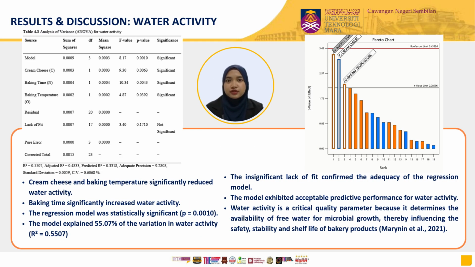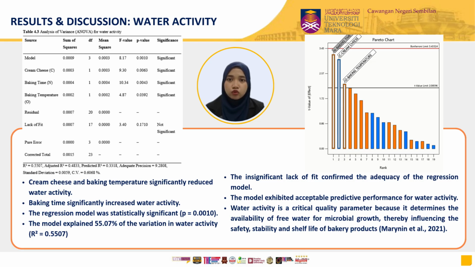Water activity also produced a statistically significant regression model with a p-value of 0.0010, indicating that the investigated factors significantly affected water activity. The model explained 55.07% of the variation in water activity.